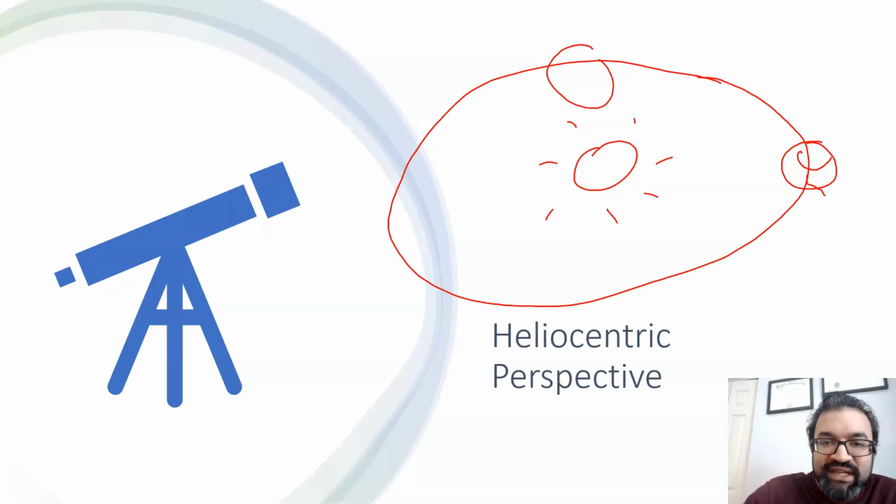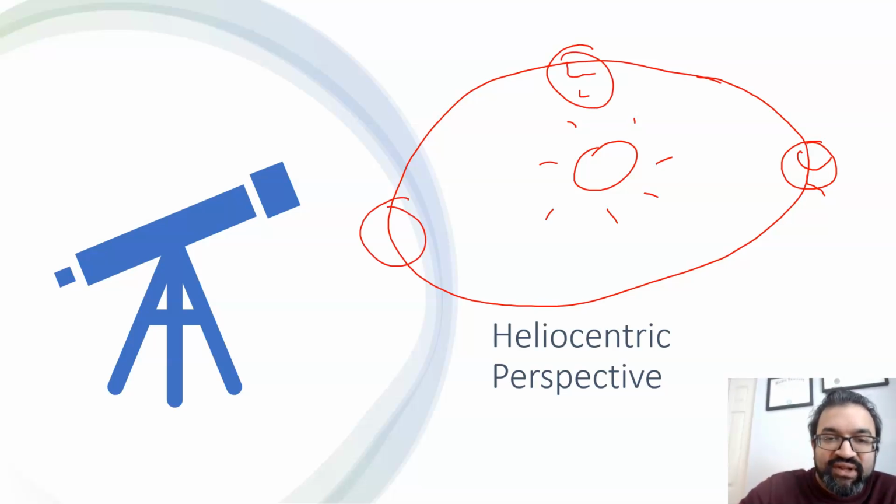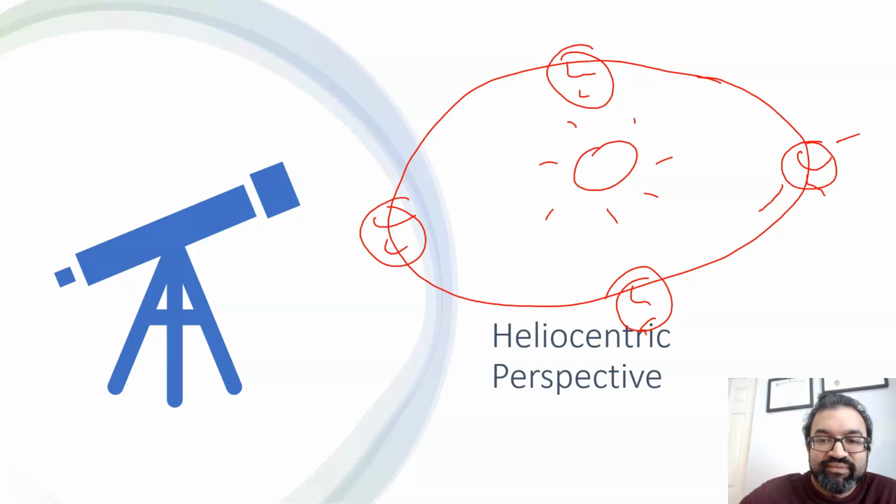The Earth is making revolutions around the Sun in a counterclockwise manner, and at the same time you have the Moon making a revolution around the Earth. This is taking place at approximately 5 degrees away from the revolution of the Earth.